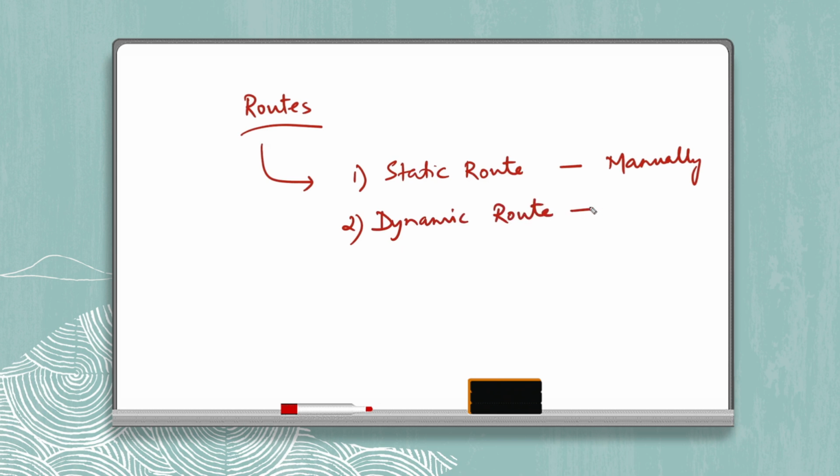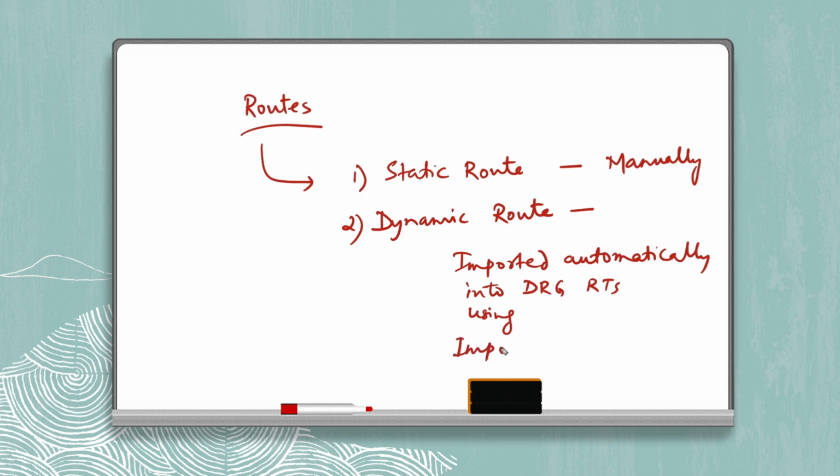A dynamic route is imported automatically into the dynamic routing gateway route tables using your import route distributions. In the previous lesson, I talked about import route distributions and how they are related to the DRG route tables. So we have two types of routes, static as well as dynamic.